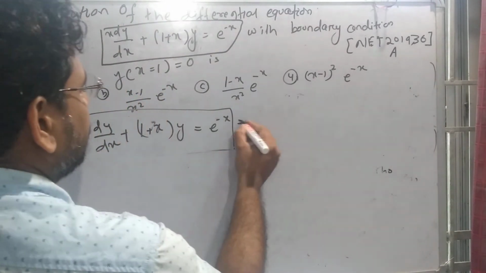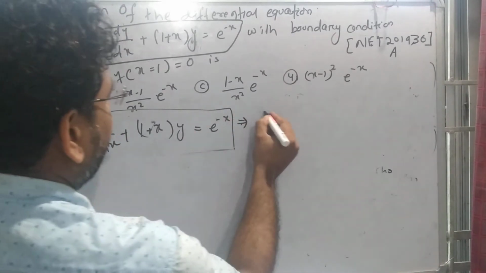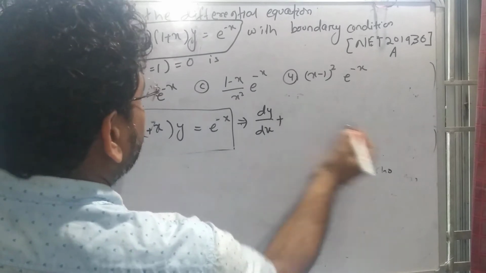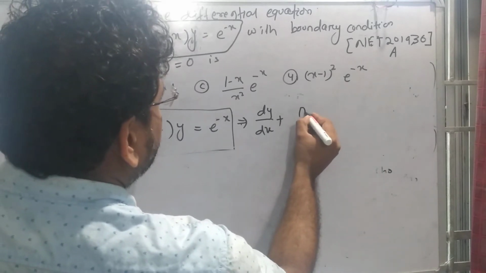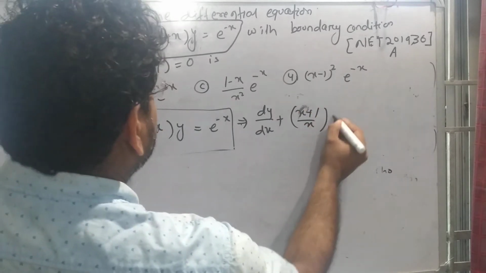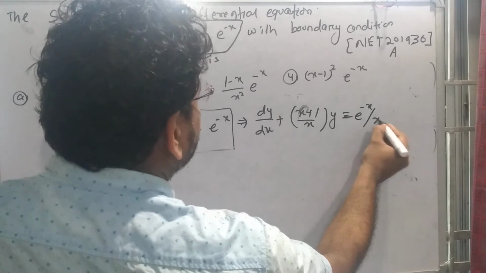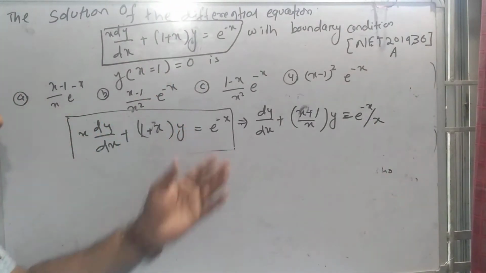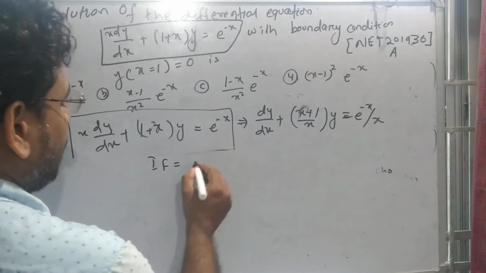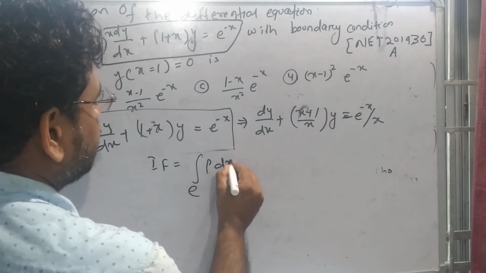So now reduce this equation to the general form. The equation will be dy/dx plus (x plus 1) divided by x times y is equal to e to the power minus x. And we know the formula for the integrating factor: e to the power integral of p dx.